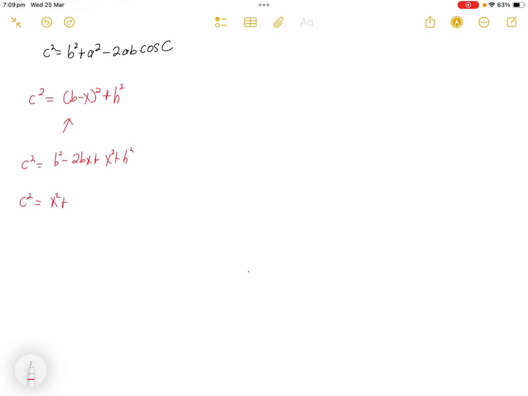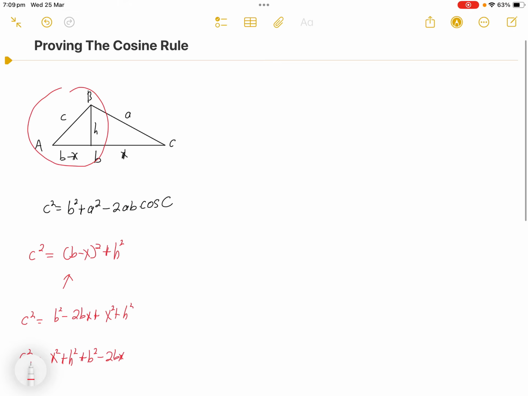Okay, so in order to sort that out, we're going to sort out the variables right here. And again, we're going to use this triangle right here.